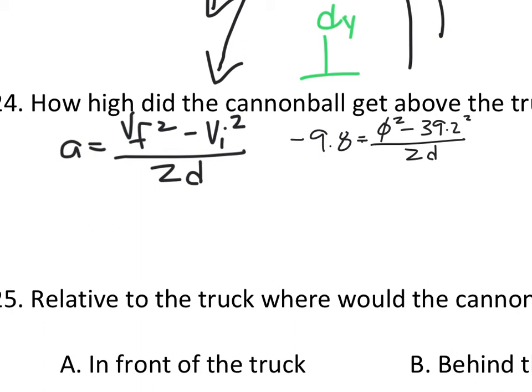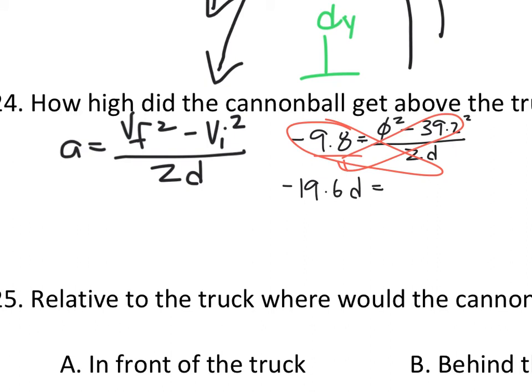Okay, so I need to cross multiply. Negative 9.8 times 2d gives me negative 19.6 d equals, and then on the right side, I put this over 1, cross multiply here, negative 39.2 squared.